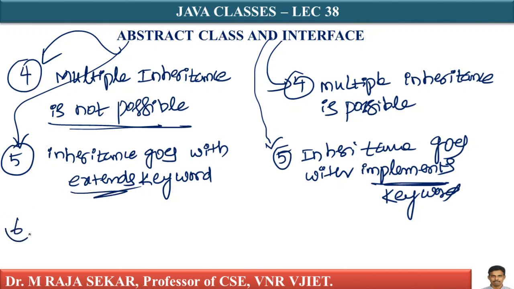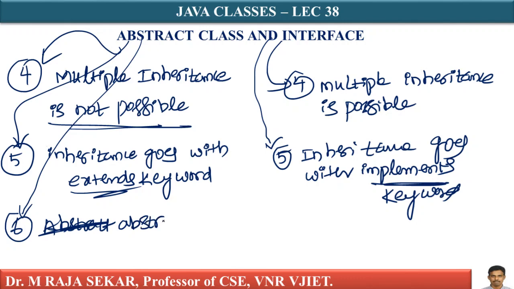Now, the next difference about abstract class is the abstract keyword. This is one of the important differences. Abstract keyword, let me write in small letters, keywords must be in small letters, isn't it?